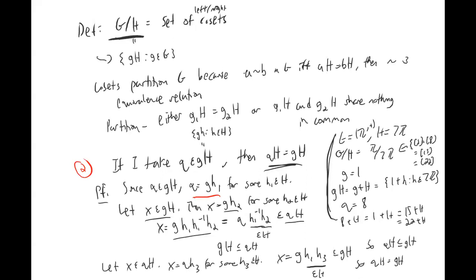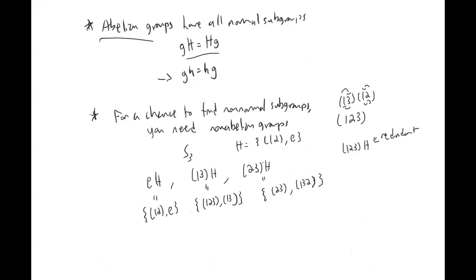If I take an element in here and consider a different representative, it gives me the same thing. So here, this is just the same as (1 3)H. If I took a different element, like (1 3 2), then (1 3 2)H is the same as (2 3)H. You can check this by cycle multiplication. So some are redundant.